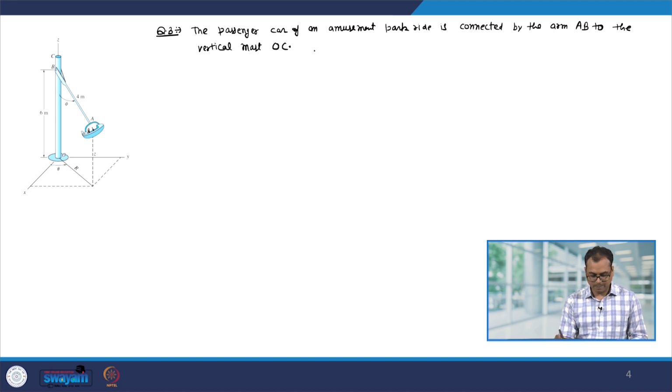During a certain time interval, the mast is rotating at a constant rate.